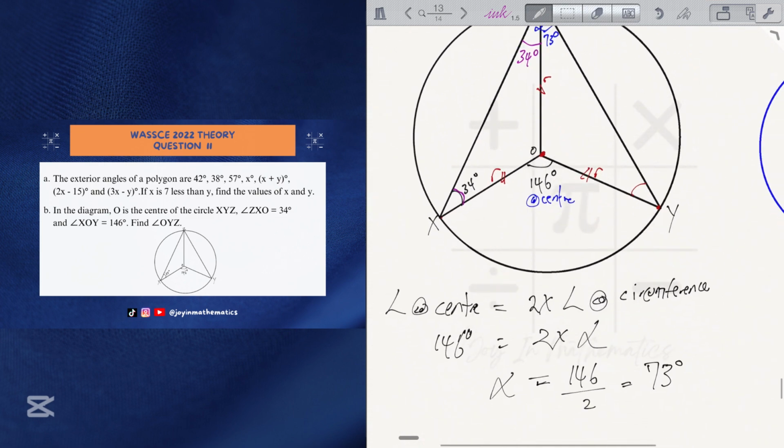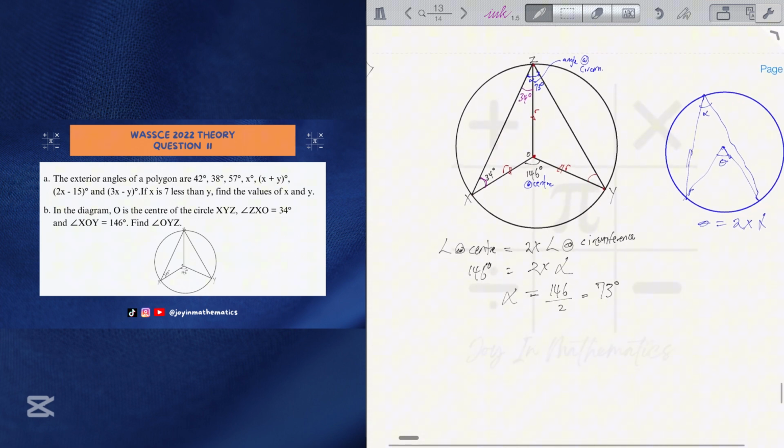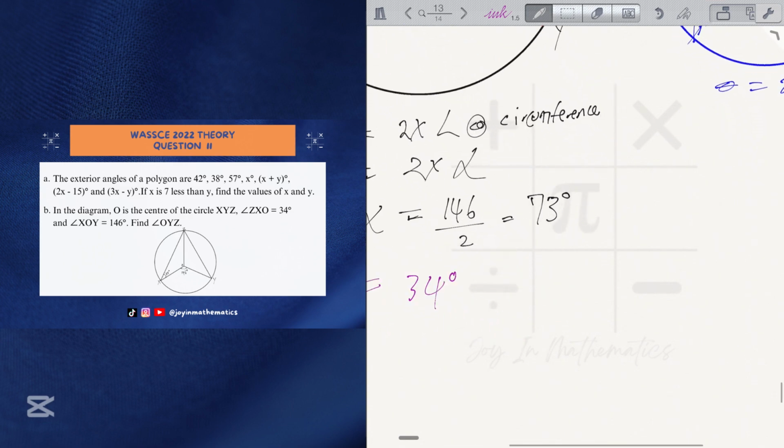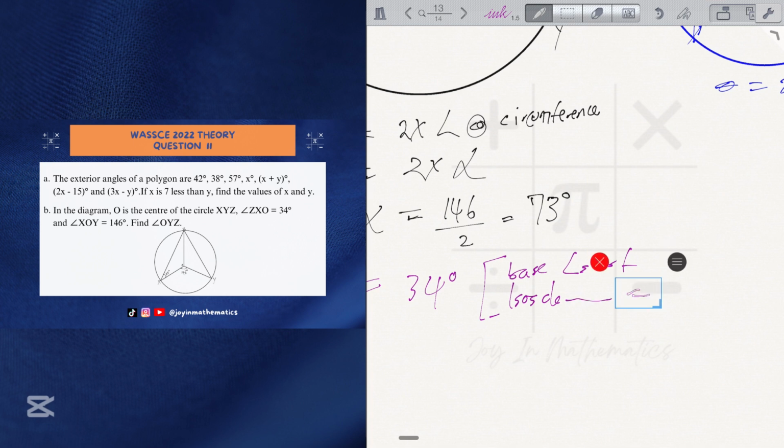So we are saying that angle OZX is equals to 34 degrees. The reason is base angles of an isosceles triangle are equal.